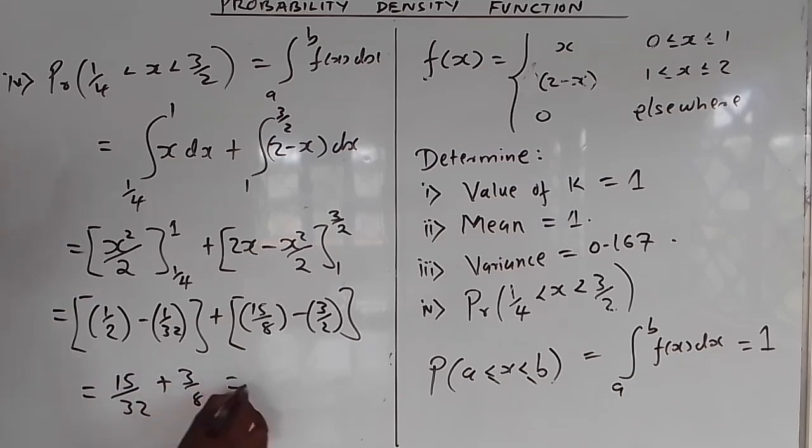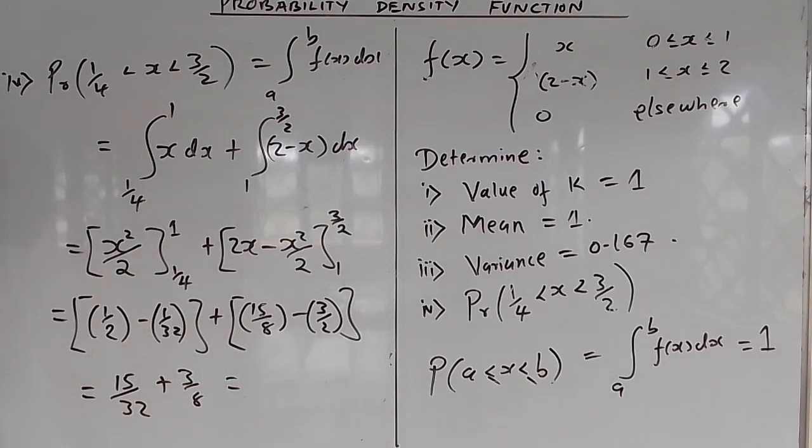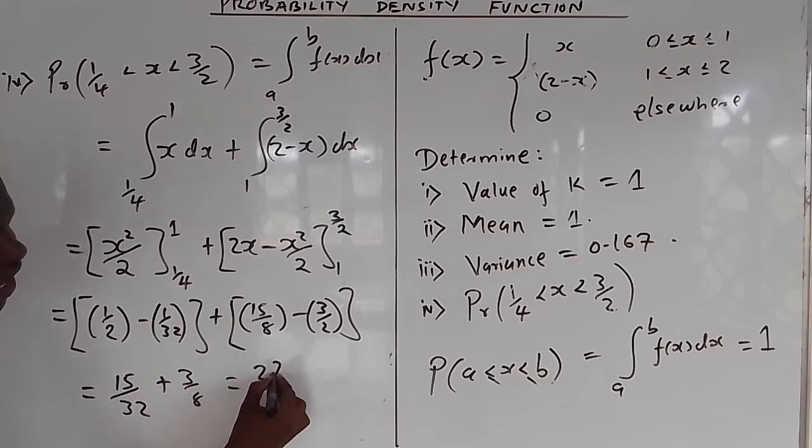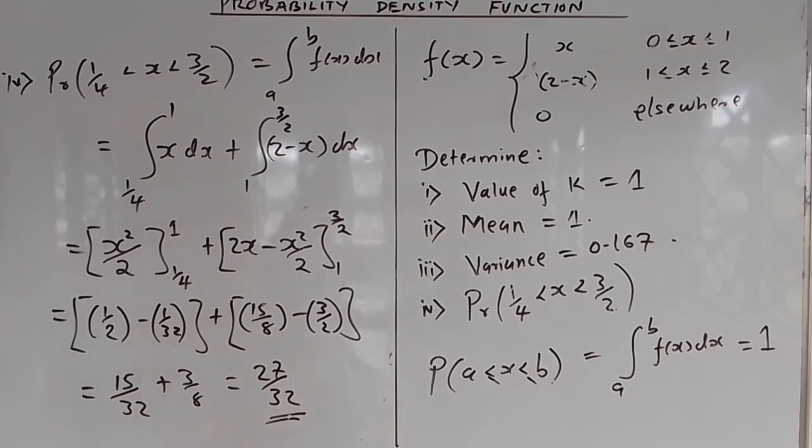So can you add 15 over 32 plus 3 over 8? It is 27 over 32. That probability must be between 0 and 1. So you can see that one is right, isn't it? Are we together? Good.